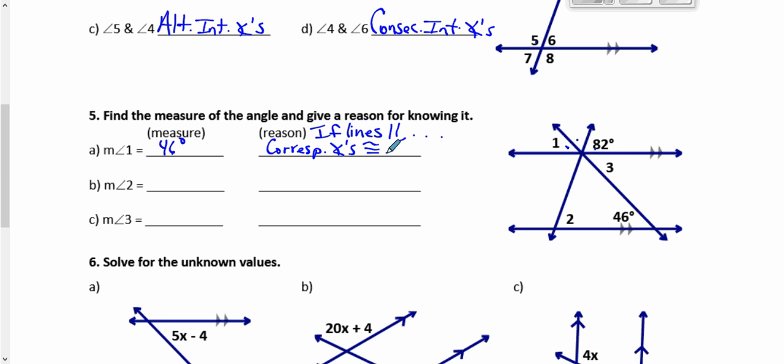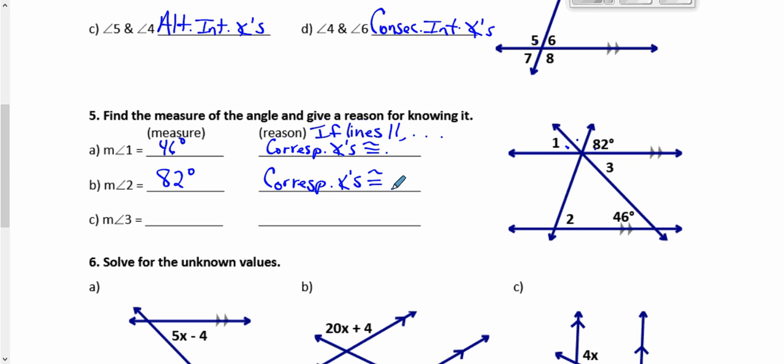How about angle 2? Why would it be 82? Again, aren't they corresponding, right? Just using the other transversal now, right? So that would be 82 degrees, because if lines parallel, again, corresponding angles are congruent. And then angle 3. 46.